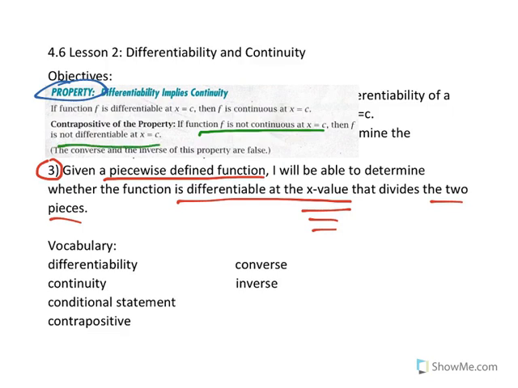So for a function to be differentiable at x equals c, it has to be continuous, but this by itself is not enough to know that the function is differentiable at x equals c. Because you could have continuity, but maybe the function is not differentiable at x equals c, maybe it is. But it is a necessary condition for differentiability.